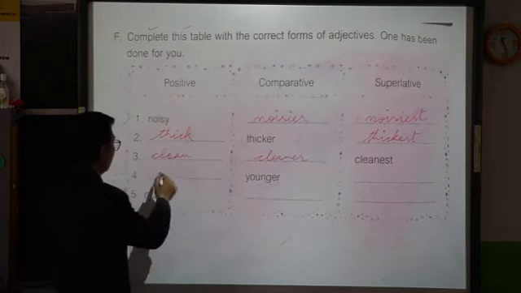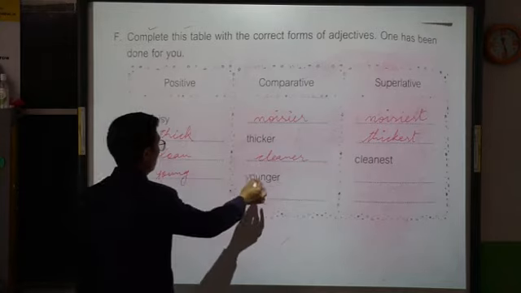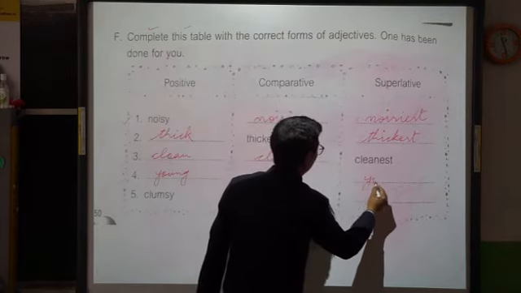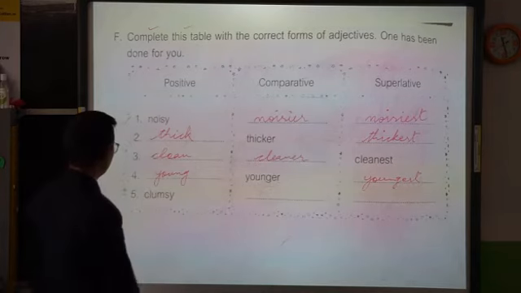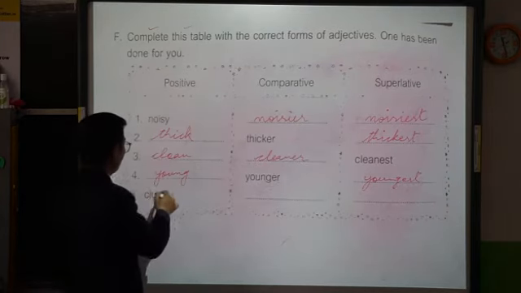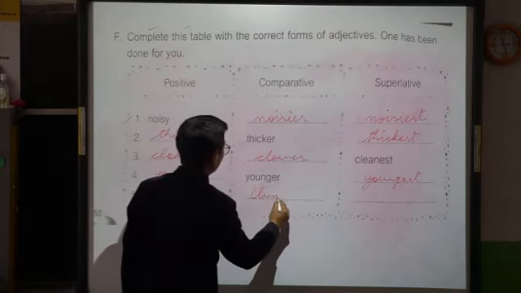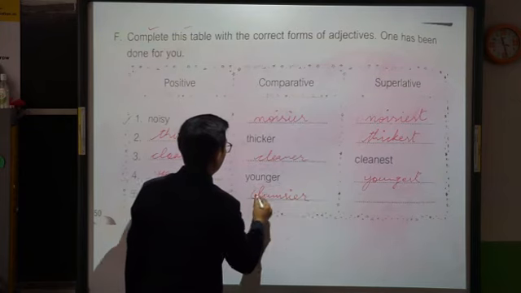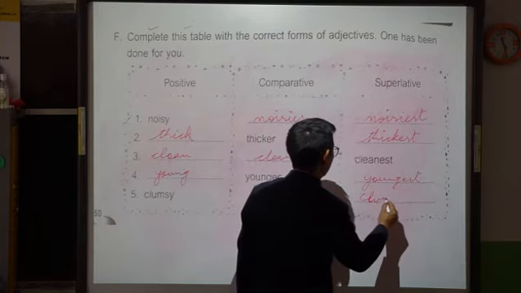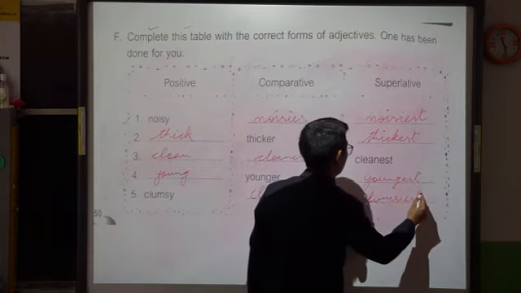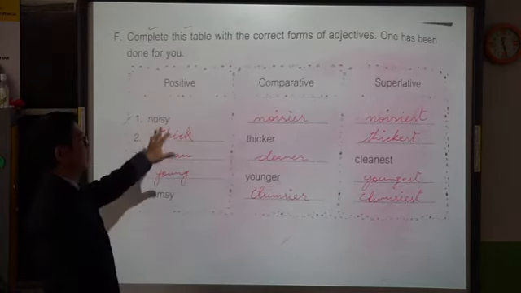So the positive word will be young. Right? Younger, superlative, youngest. Young, younger, youngest. The last word, positive, is clumsy. Comparative will be clumsier, and superlative, clumsiest. See, this is how we do this kind of work.